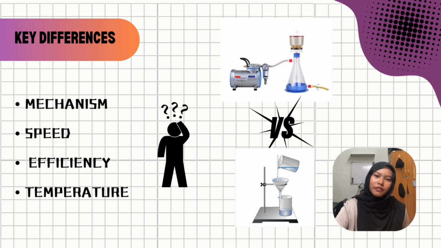The third one is efficiency. Vacuum filtration is more efficient in separating small particles compared to gravity. And the fourth one is temperature. Vacuum filtration is limited in temperature to prevent evaporation, while gravity filtration can be performed at room temperature.